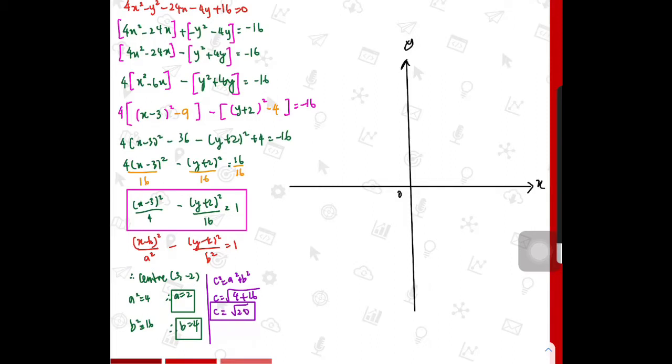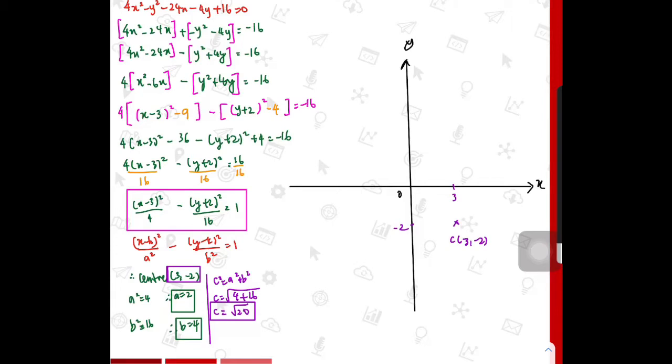Let's fill in our first center point, which is (3, minus 2). Let me box it here. So center is (3, minus 2). So let's write center (3, minus 2).